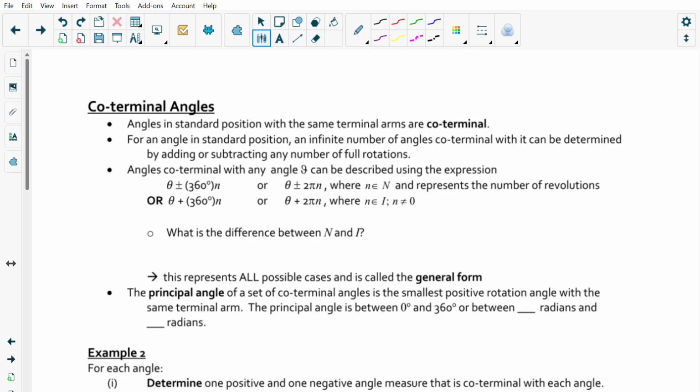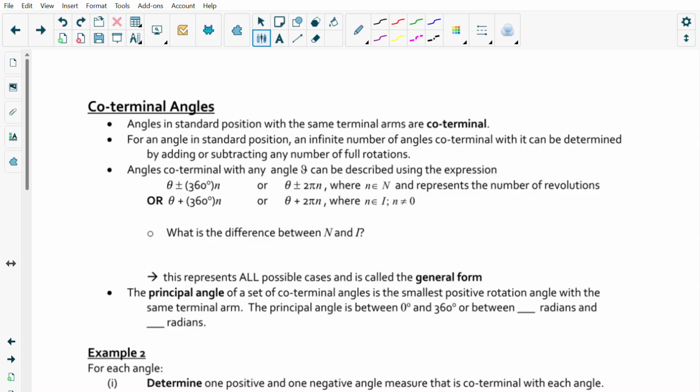Coterminal angle. So this is a very important concept when we get to solving trigonometric equations later on. You'll have to remember the idea of coterminal angles because you'll have to state the general solution of trigonometric equations. So that's way later on. We've got a lot more foundational stuff to go through, but we need to understand this idea of coterminal angle.